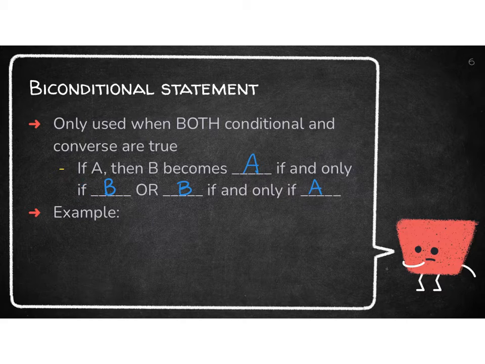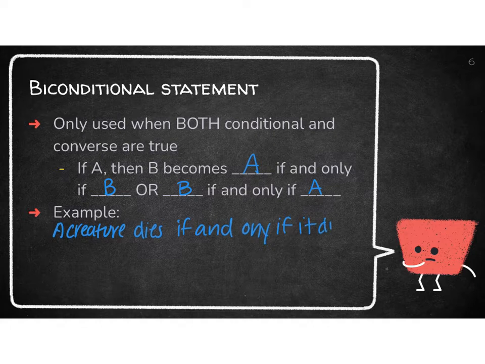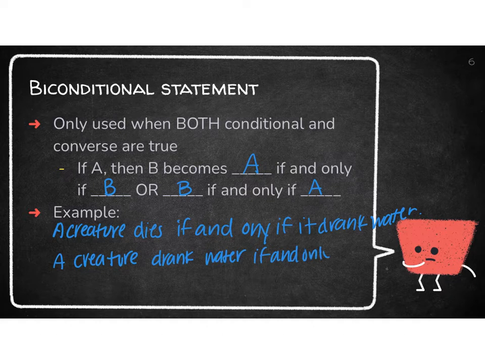So using our example, we could say a creature dies if and only if it drank water. Or we could write it as a creature drank water if and only if it dies.